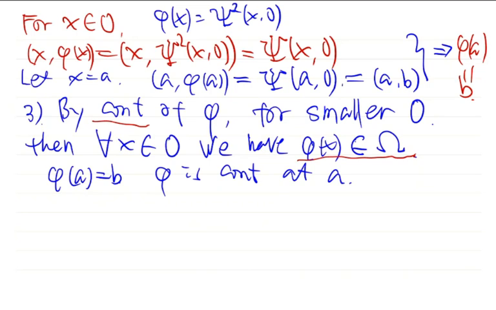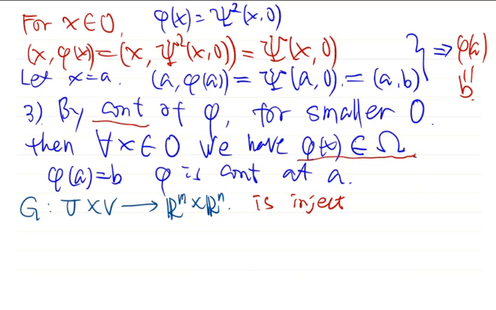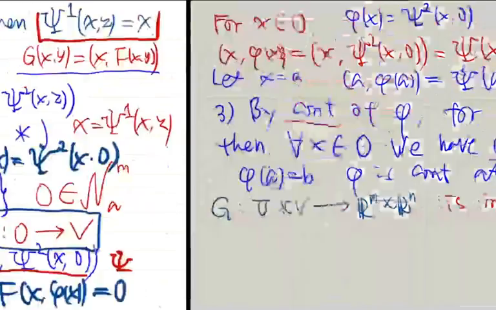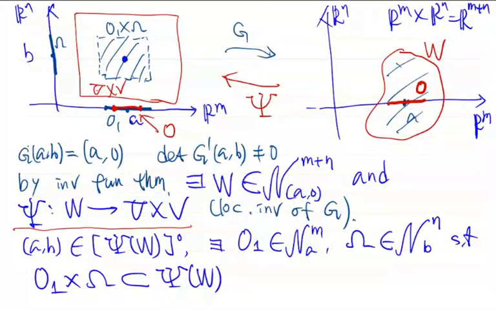So having obtained this, G is injective. We remind you that G is from U cross V to Rm cross Rn. But G is injective over O cross omega. Why is it injective? Because our psi is a local inverse of G. So in the whole U cross V, G might not be injective.